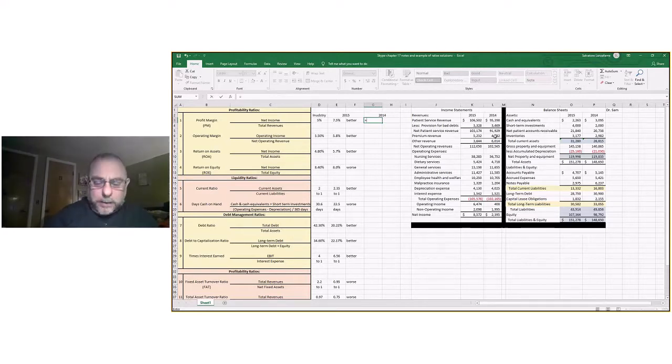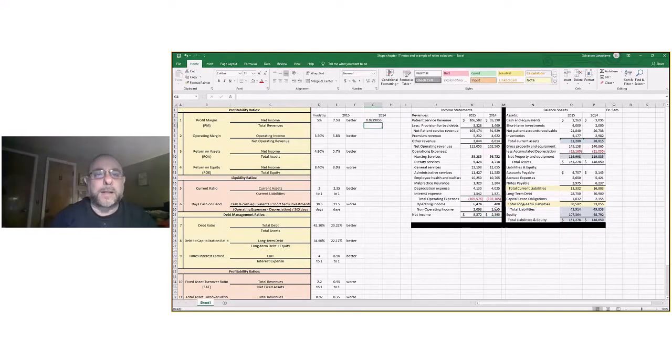So we're going to take our net income, which is in 2014, $23.95. And then I want to divide it by my total revenues, and I have here 102,565, which represents my net operating revenues, but then I have this non-operating income as well. So I'm going to add those two together.